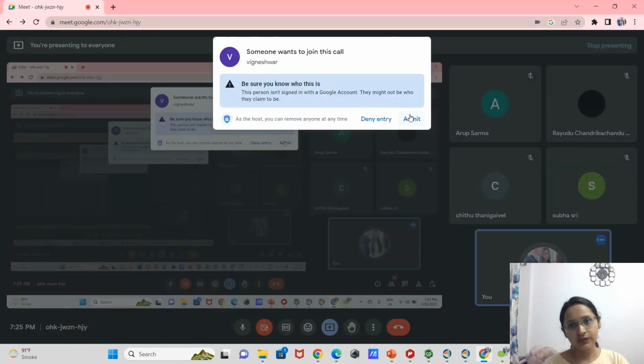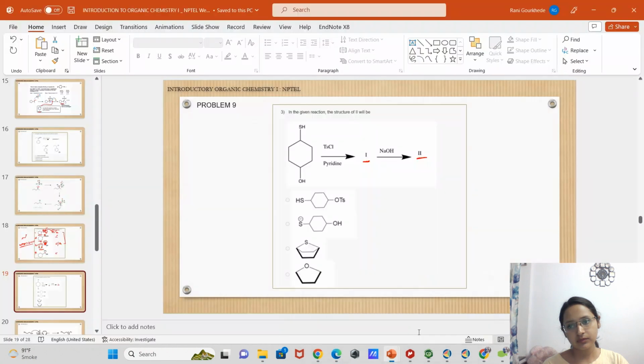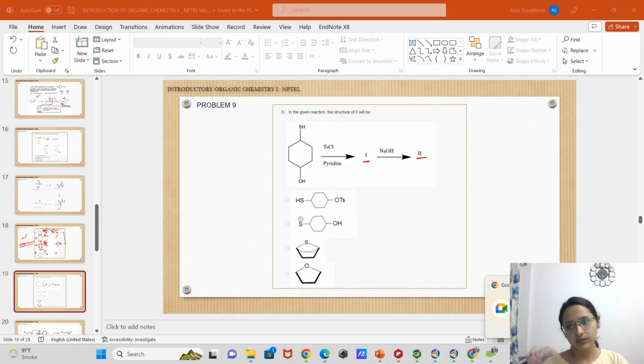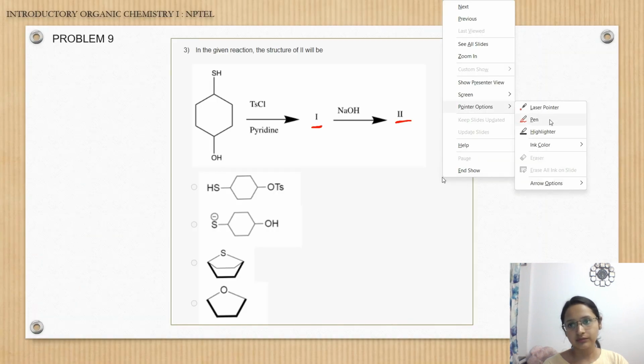Yeah, tosylation of the OH group. So tosylation is what is happening in this particular reaction.